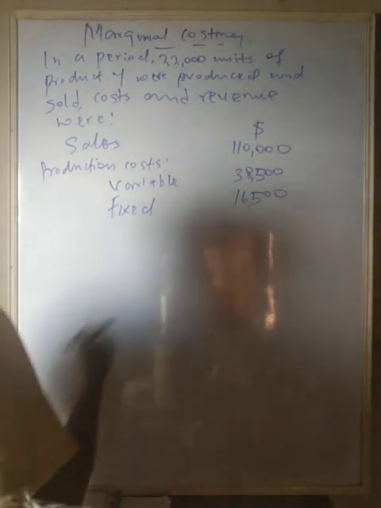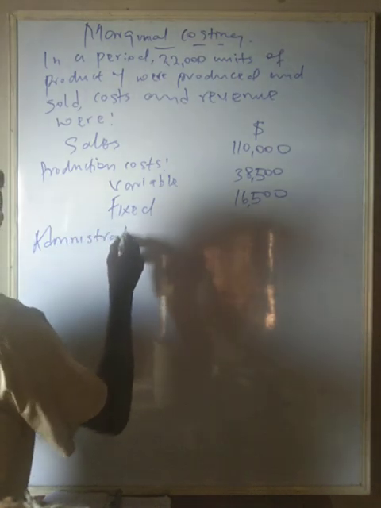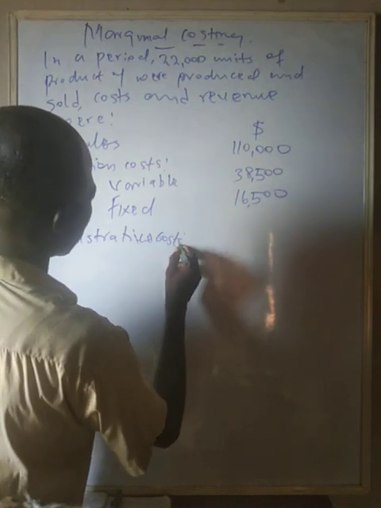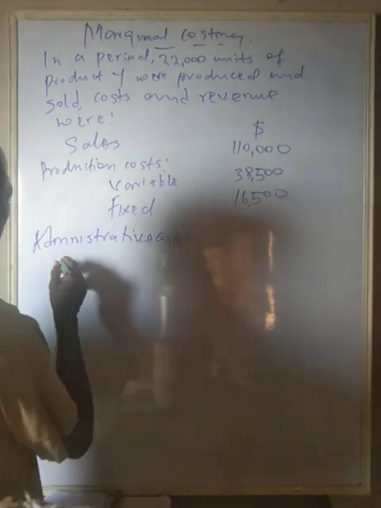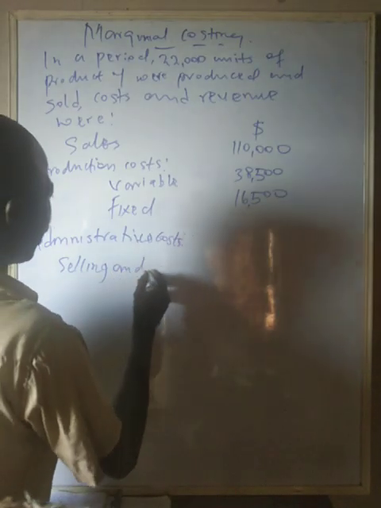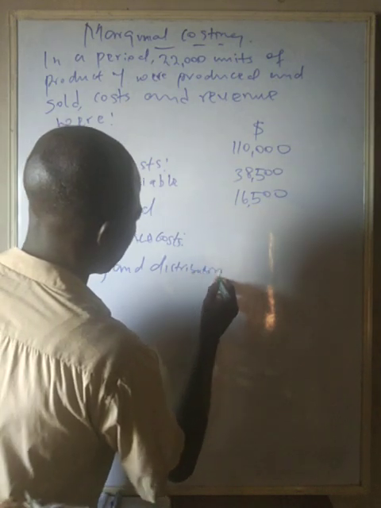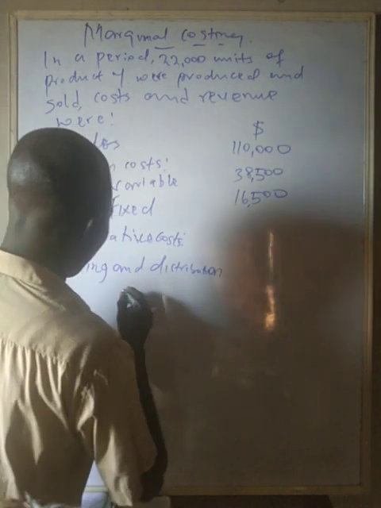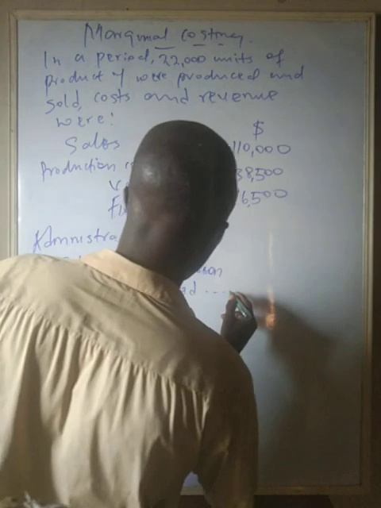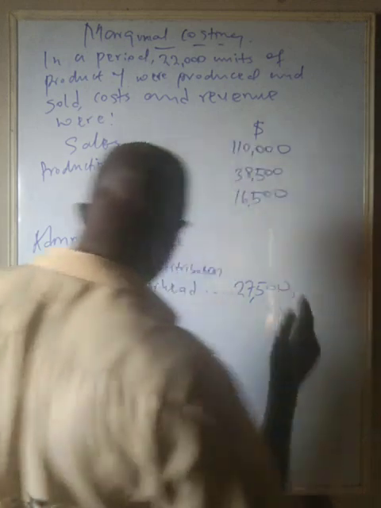Administrative costs, that is selling and distribution overheads, $27,500.